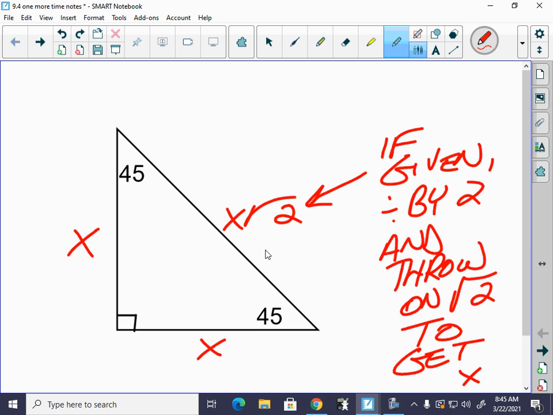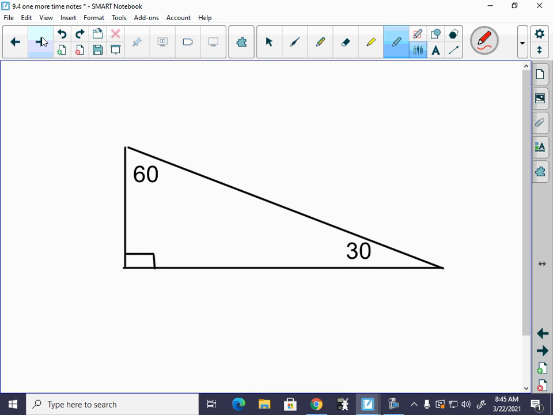All right, ready for that one? Is that drawing done? Here goes. Next drawing. And this is the one that we barely talked about. We talked about it just a little, but let's do it now. This is x. This is 2x. And this is x square root of 3. And there's a shortcut when this weird side is given.